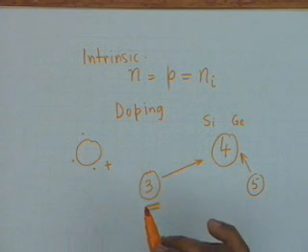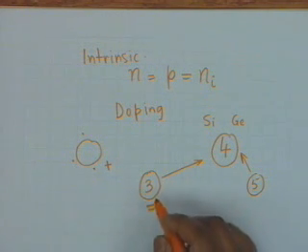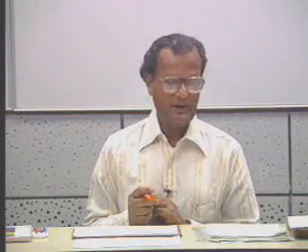The number of holes therefore exceeds the number of electrons, and then this is called a p-type semiconductor, p-type. Similarly, the bound charge is called an acceptor ion.